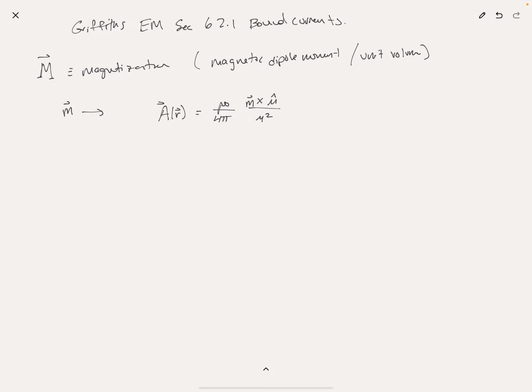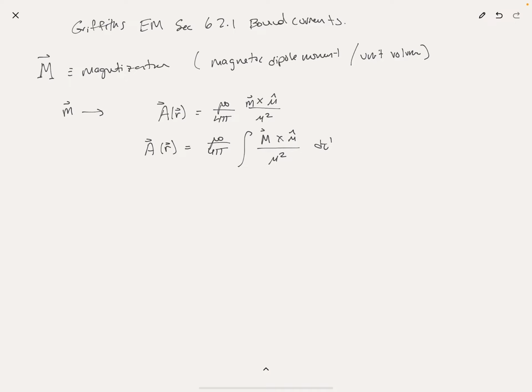If I want to know about the whole material, I need to integrate over that whole material, and then write this as mu naught over 4 pi integral of capital M crossed with r hat over r squared d tau prime.